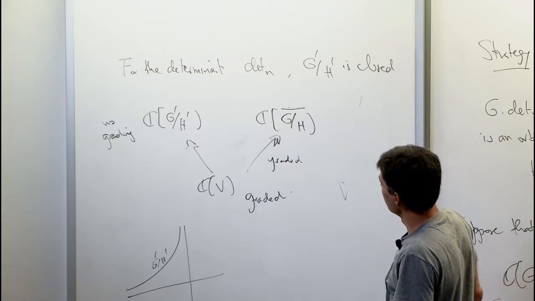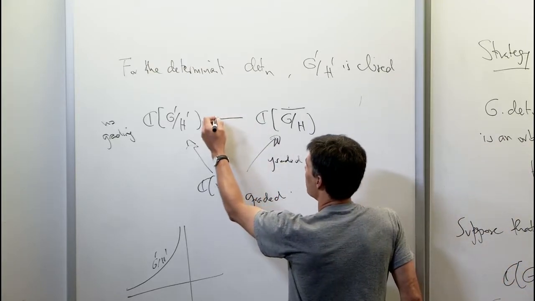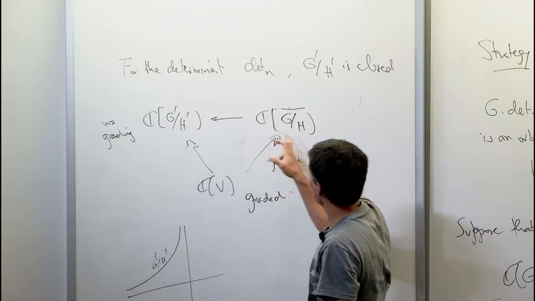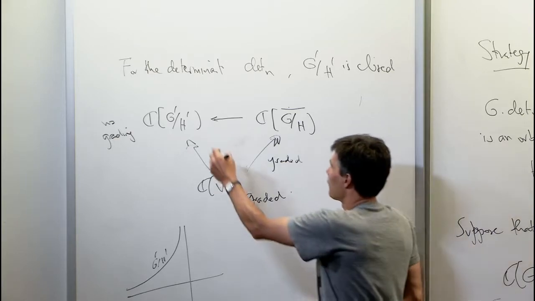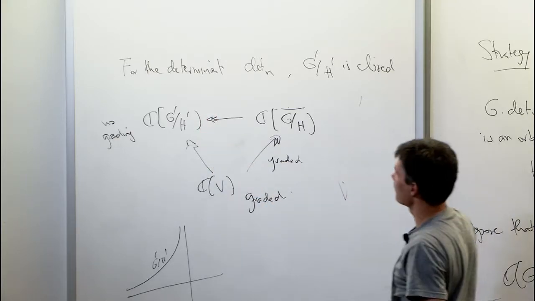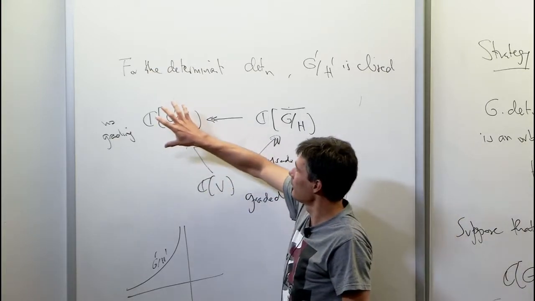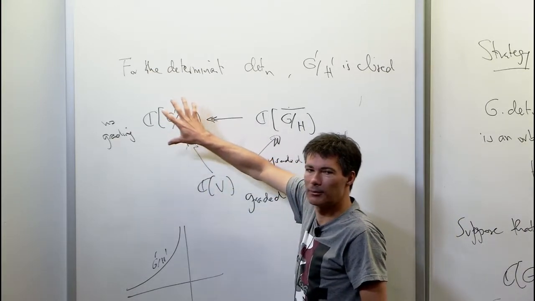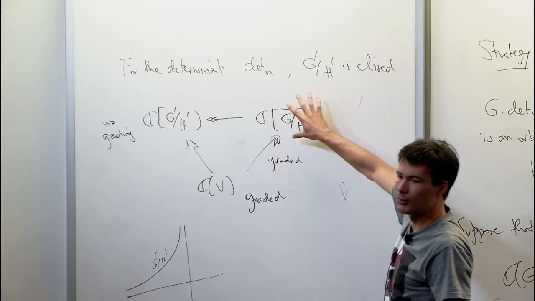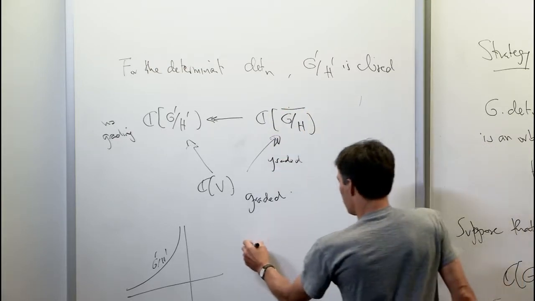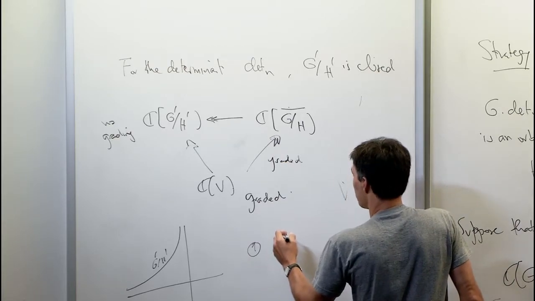But still, we also have a restriction map here, since this is obviously a subset, which is surjective. Remember that this we understand very well, and this is what we try to understand. So we have the surjectivity.